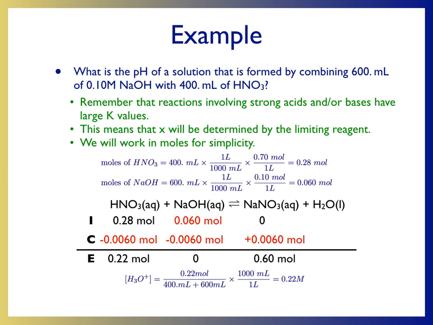This means that we end up with a 0.22 molar solution of H3O+, and taking the negative log of that value, we end up with a pH of 0.66, a very low pH. This is very common with reactions that involve titrating a strong acid with a strong base.